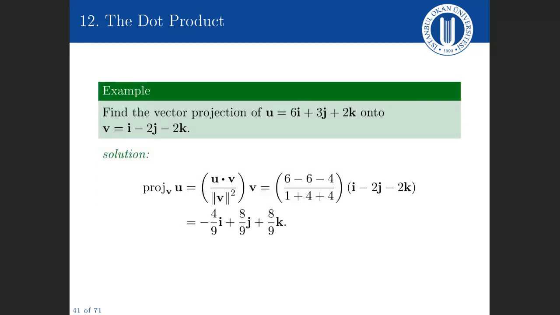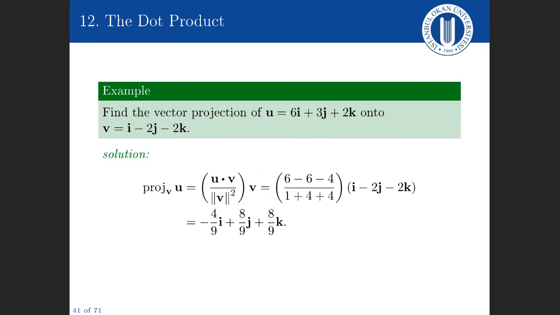For example, the type of question I might ask you is, find the projection of this vector u onto this vector v. We have our formula. We're asked to calculate the projection of u onto v, so we need to calculate u dot v divided by the norm of v squared multiplied by v.